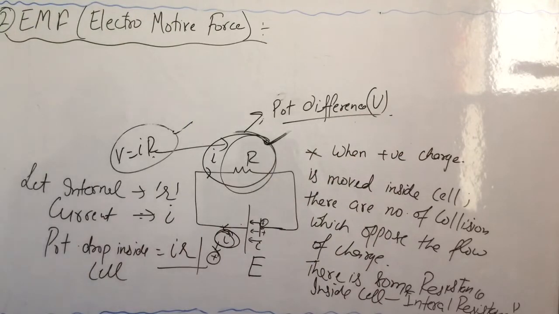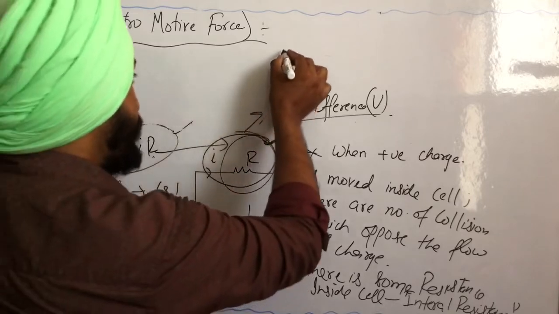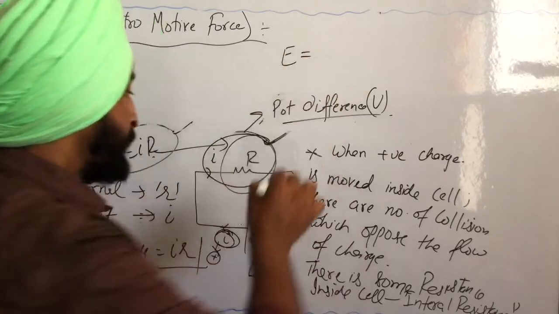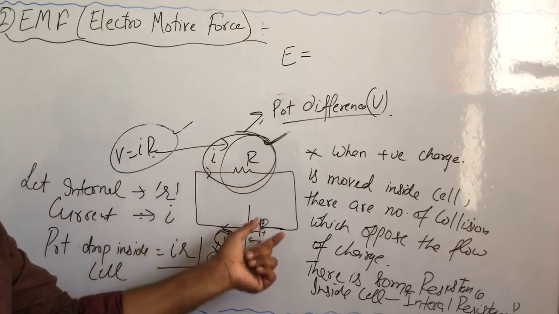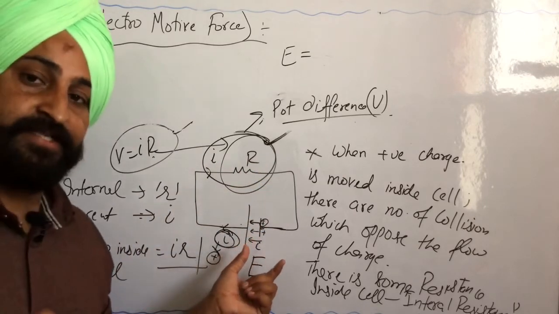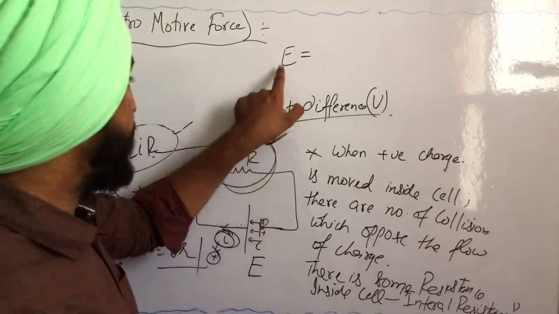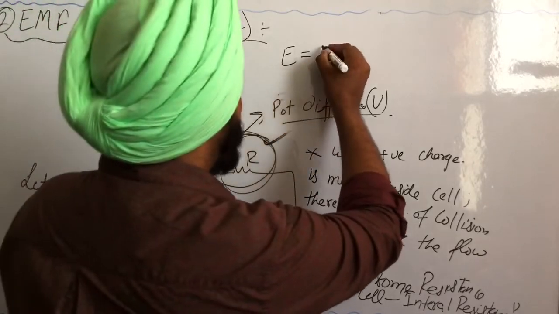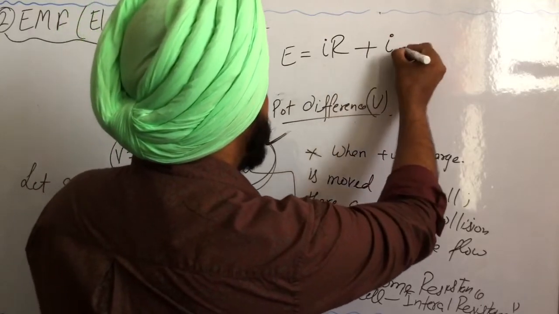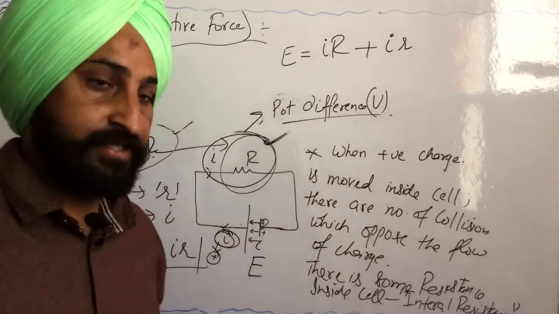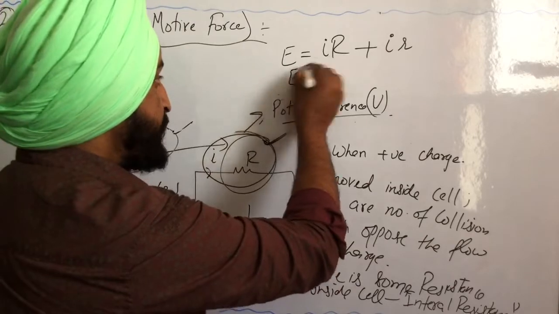Now what will be the value of this EMF? So EMF would be equal to the potential drop across this resistor plus potential drop due to internal resistance of the cell. So I can write EMF is equal to potential drop due to external resistance plus potential drop due to internal resistance. Now what is I into R?